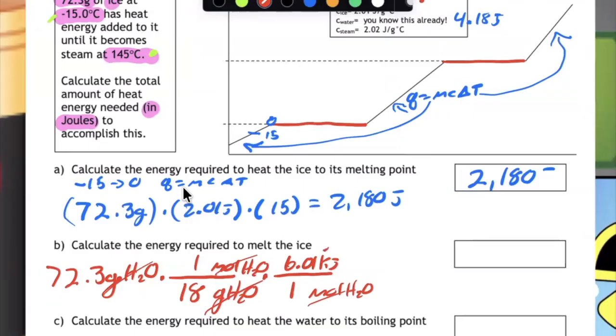However, I can't really add kilojoules when everything else is in joules. So let's do one final step and convert kilojoules to joules, and that's 1,000 joules for 1 kilojoule. So in my calculator, 72.3 divided by 18 times 6.01 times 1,000, and that's going to come up to 24,100 joules.